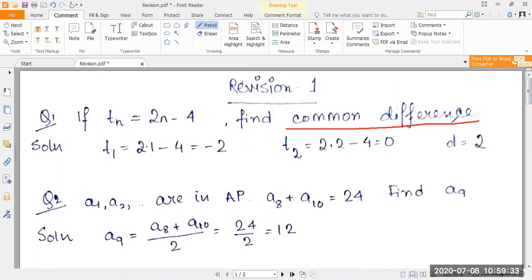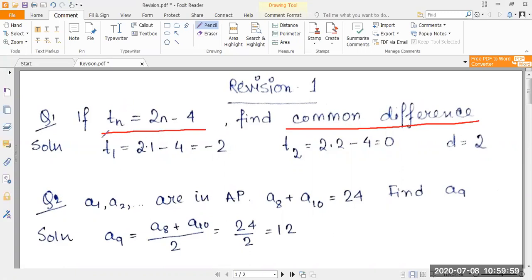Now, if you remember, common difference is a rule of arithmetic progression, whereas common ratio is a rule of geometric progression. So when I see this common difference term included in the sum, I can deduce that the sum is based on arithmetic progression. They have given me the general form of the arithmetic progression.